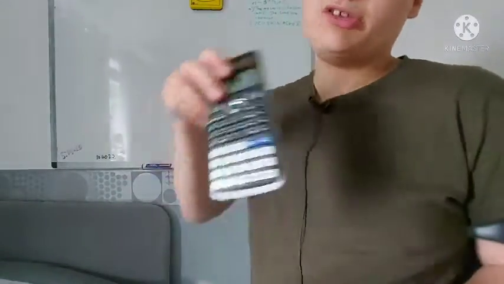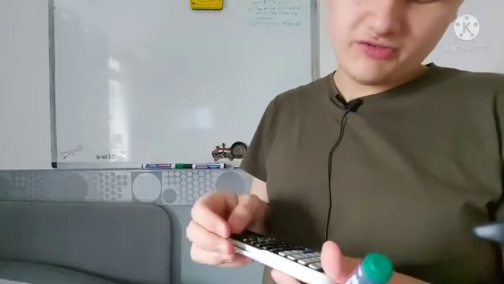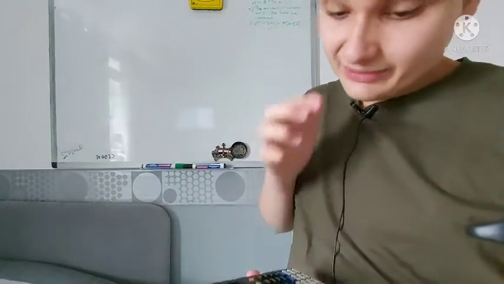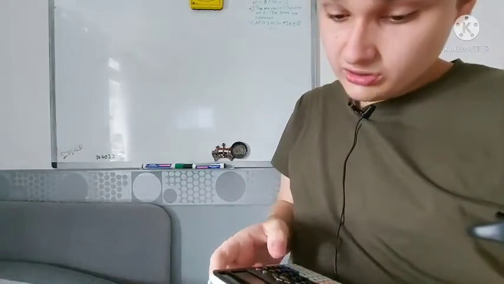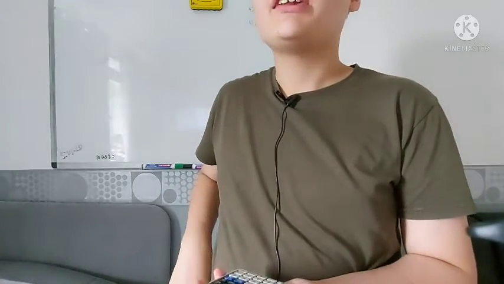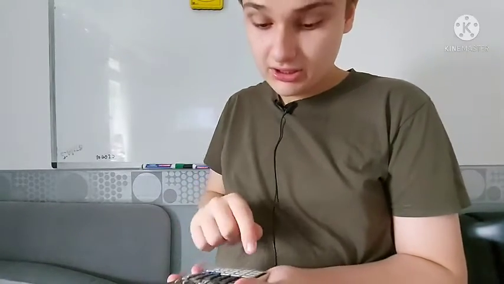This is where you need your calculator. So obviously I got my calculator class whiz that you should be using for A level. So if I go to menu and I go to number 7 for distributions, I go to binomial CD, I go to variable, and I type in the following.